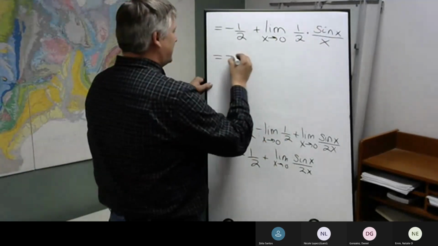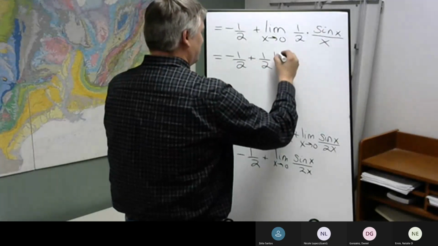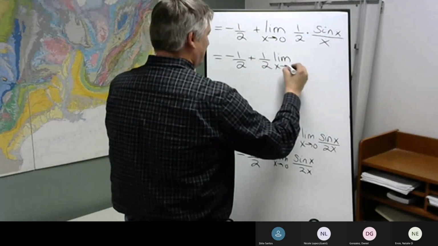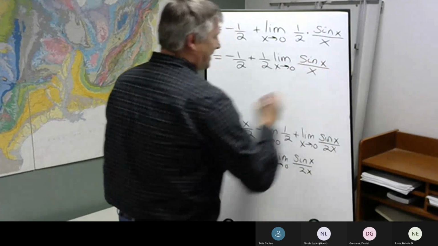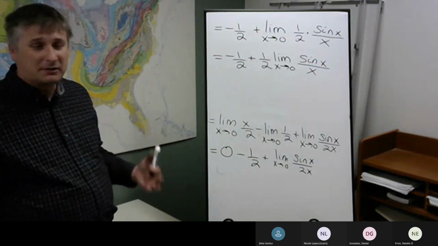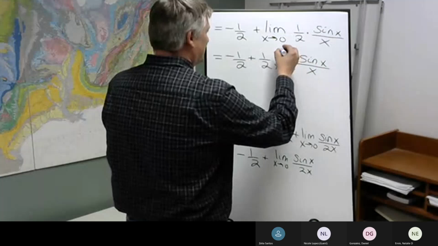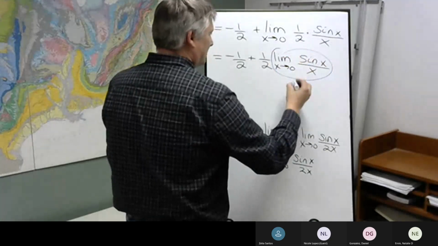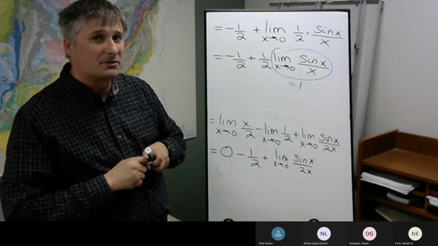So we'll get negative 1/2 plus 1/2 times the limit as x goes to 0 of sine x over x. All right, so the constant passes through. This is equal to 1. That's what that little theorem does.